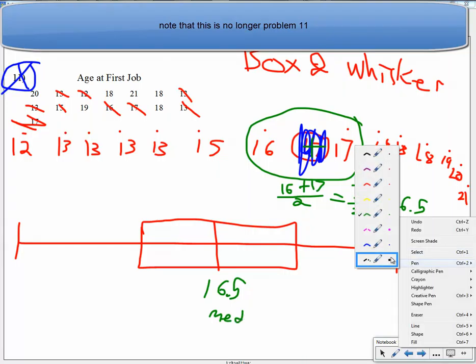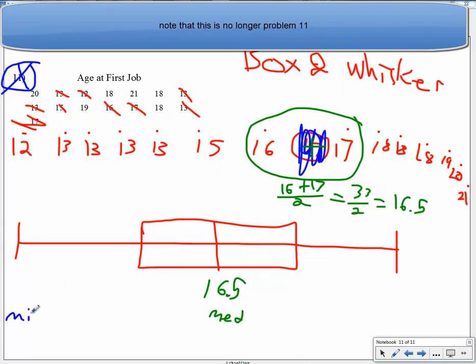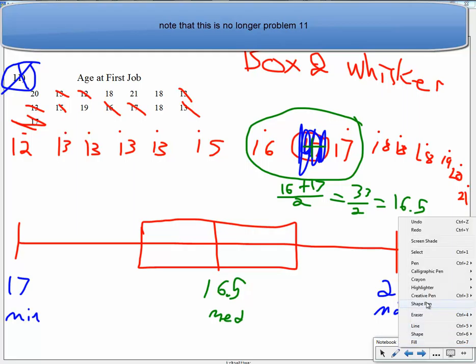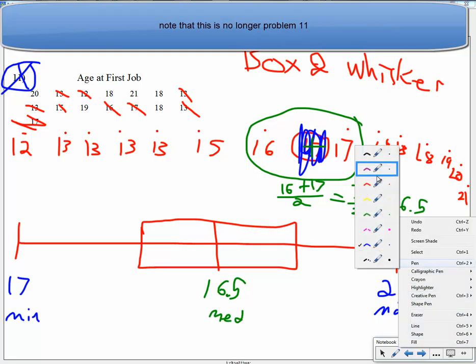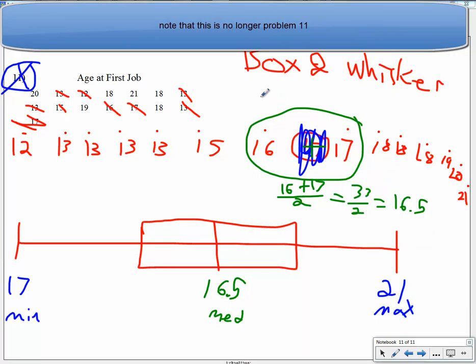Now the min and my max still stay the same. Both are still 21 and 17, but the interesting thing is when I'm figuring out my next set, I'm looking at these numbers, and I'm still going to have the same thing. 13 and 18 are still going to be my Q1 and Q3 because I'm still including 16.